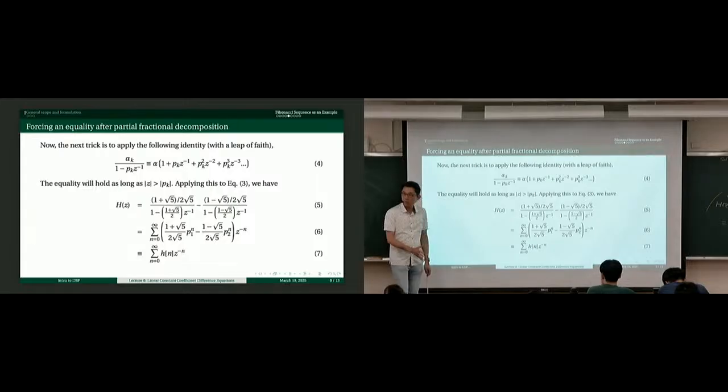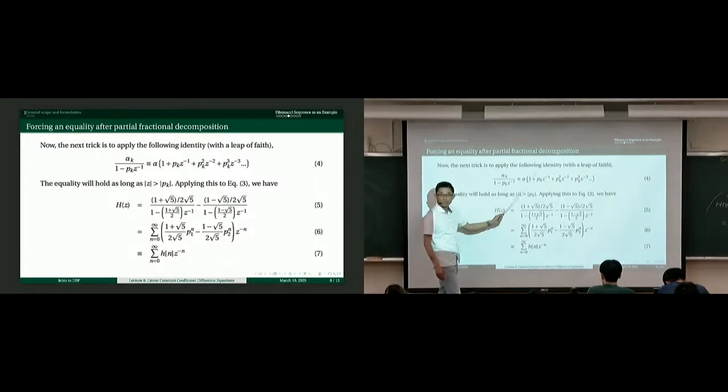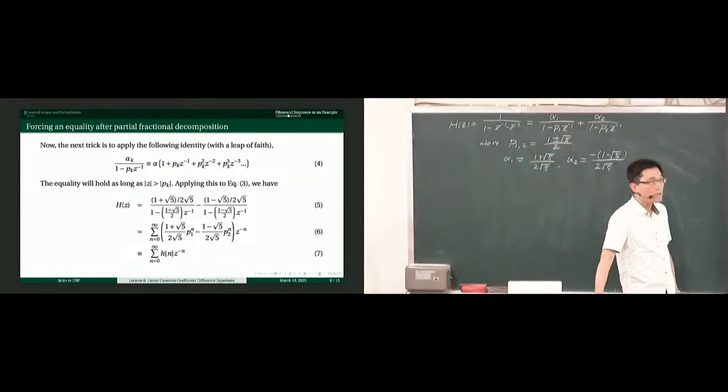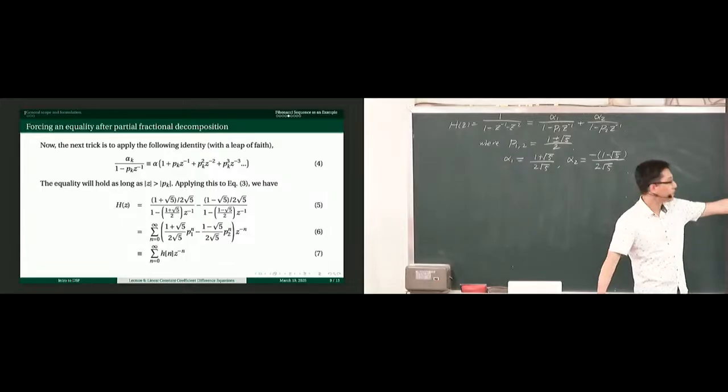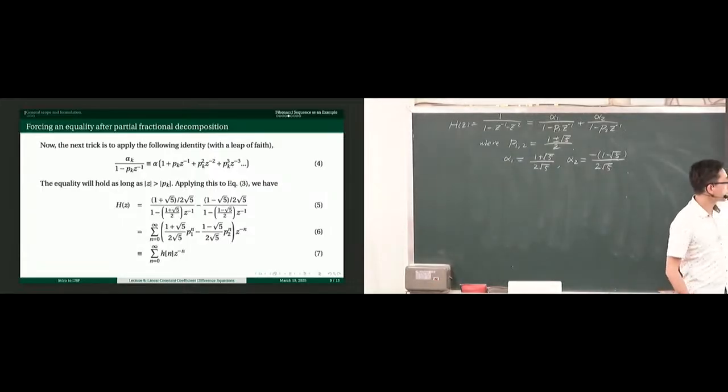So it's a geometric sequence. As long as the common ratio has an absolute value that's less than 1, that's a formula for the infinite sum. Here we're just using it in the opposite way.